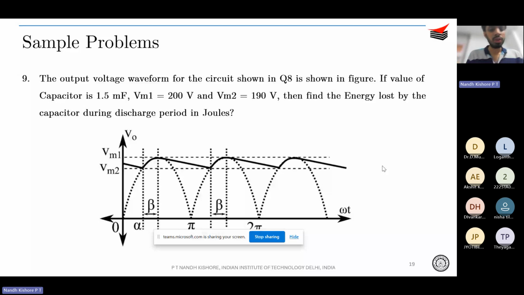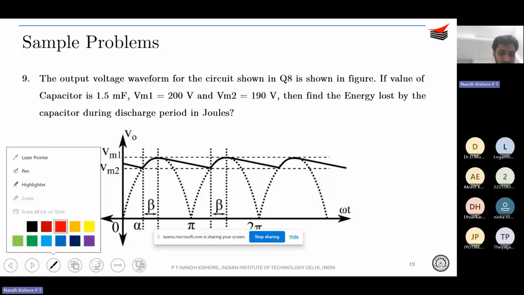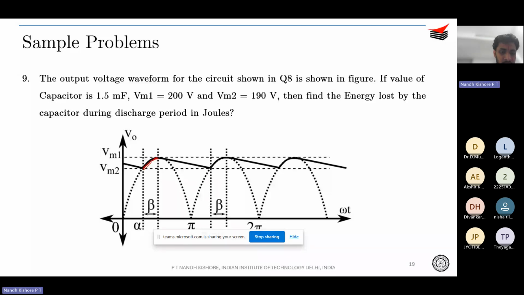You know that this particular period is your charging period, and this period is your discharging period.